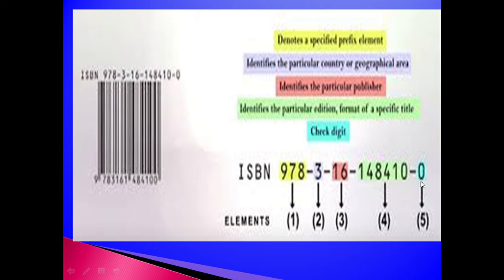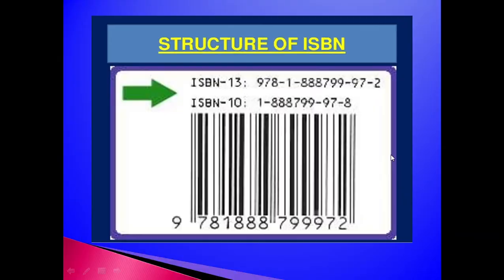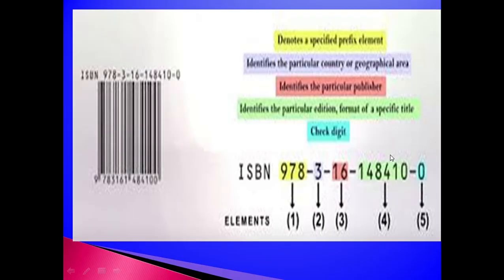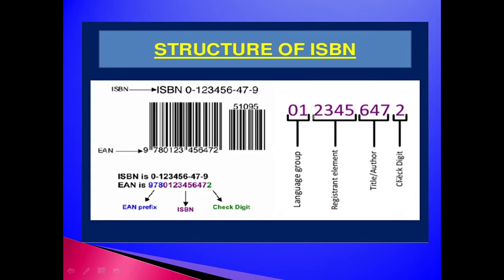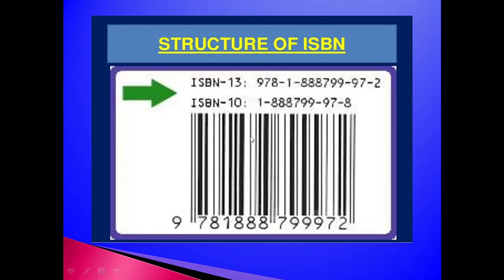The last one says about the check digit. Still more clearly, I have given some structure of ISBN, how it will be. It says about the language, the registrant, the title, and the check digit. This is also another structure.